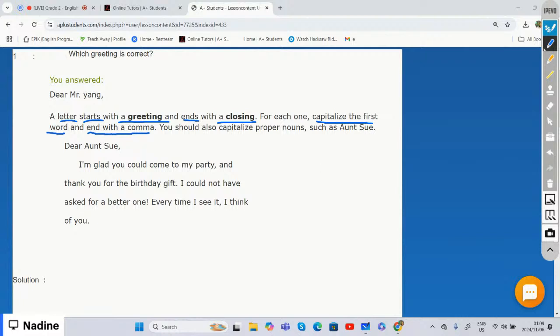When it comes to our letters, we should also capitalize all the proper nouns within our letter. The proper nouns are words like the name of whoever you are writing your letter to. If you're writing your letter to your friend Jason, then Jason needs to be capitalized. If you're writing your letter to Anna, then Anna needs to be capitalized.